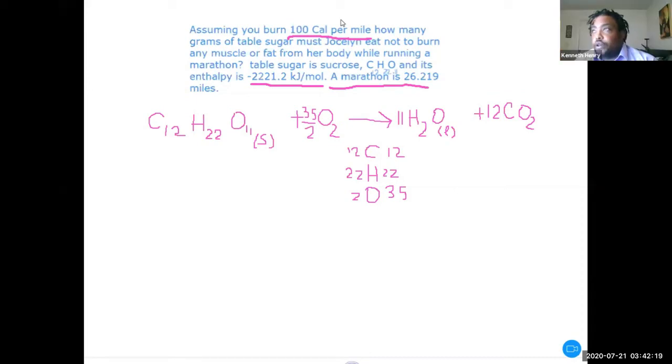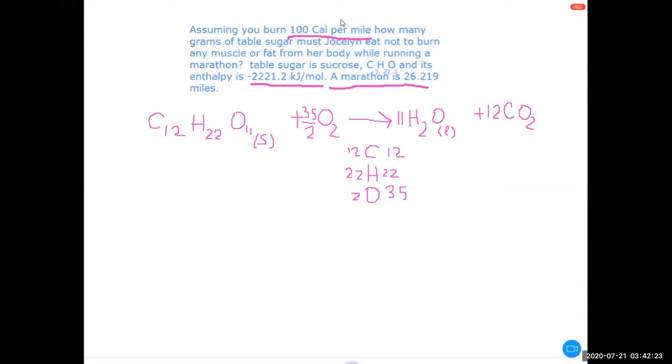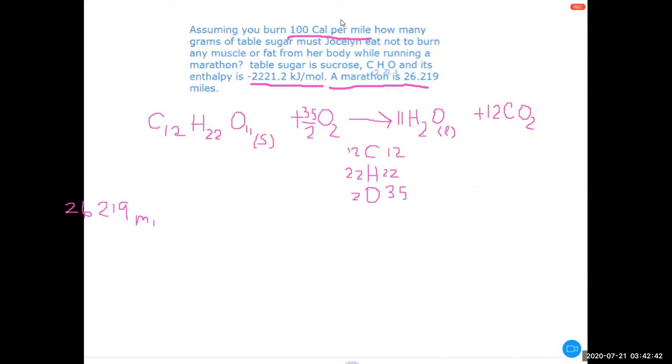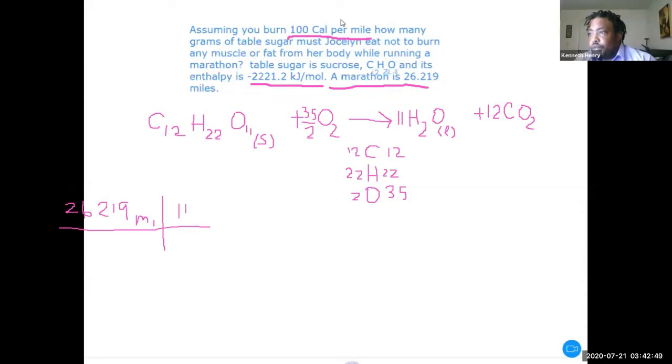Okay, so let's do it in terms of our equation. 26.219 miles. I'm going to use MI for miles. And then 100 calories per mile.